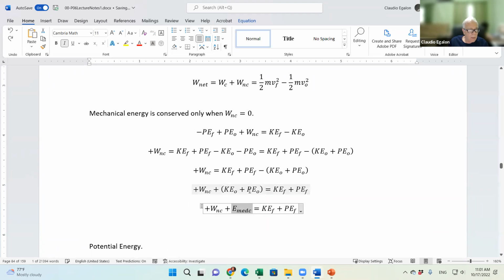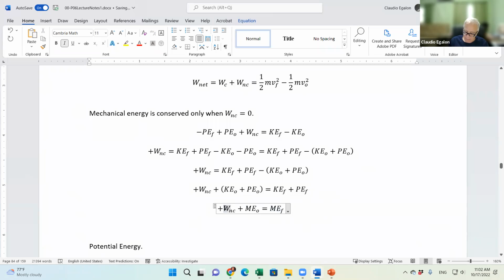I will represent the mechanical energy by the letter E, and I'll put it E naught. And this term here is the final mechanical energy. Let's put ME for mechanical energy.